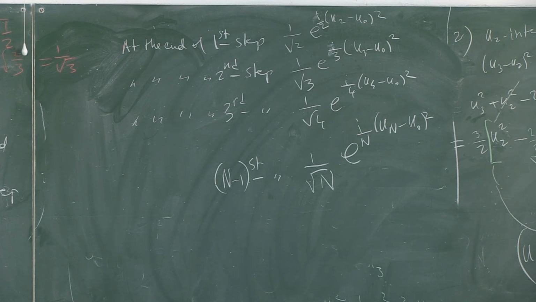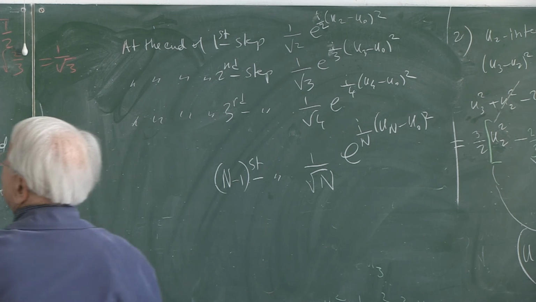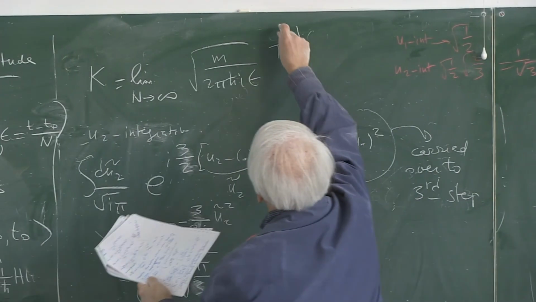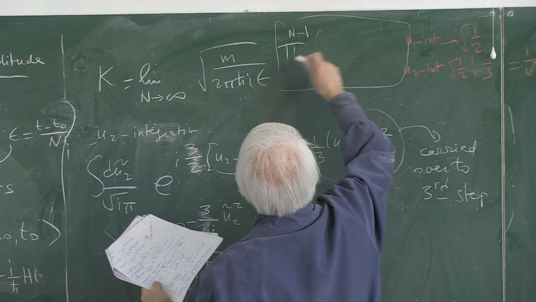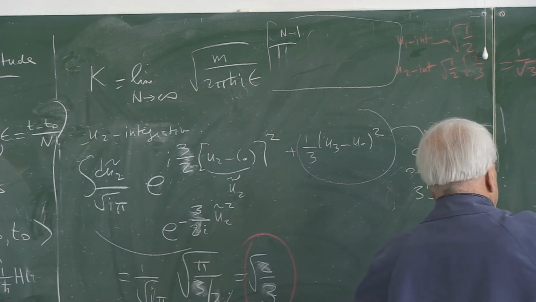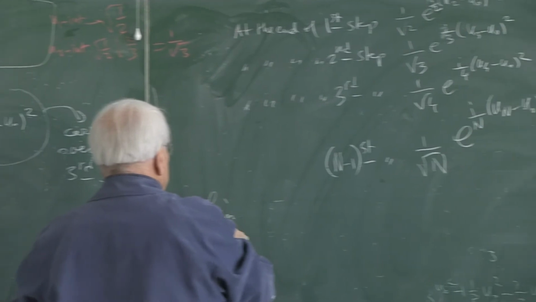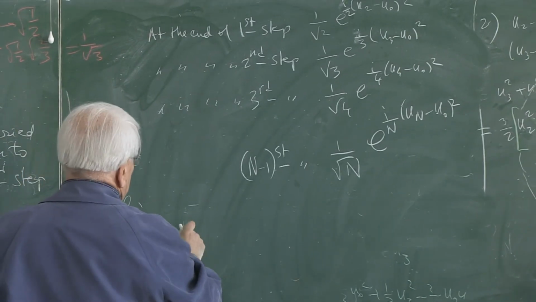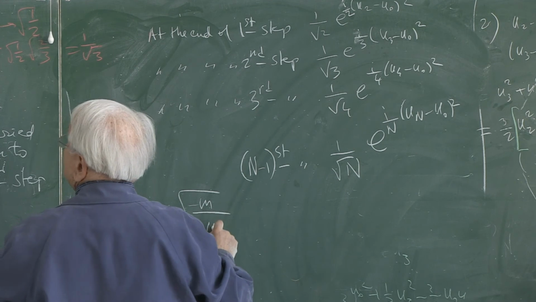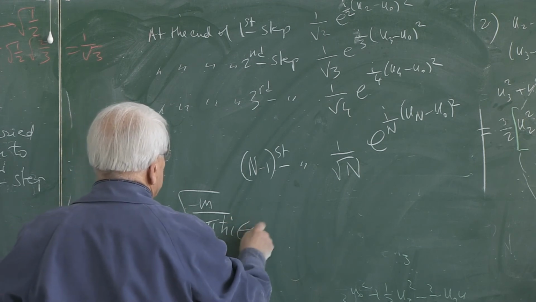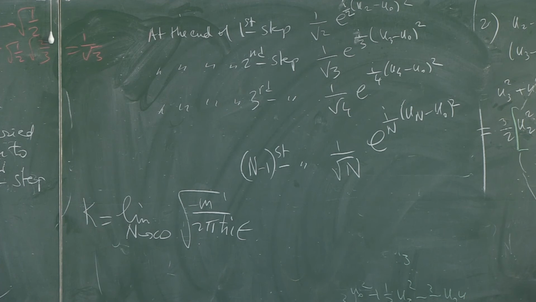Let's put everything together now. To cut the long story short, I had at the front this factor k, and I was doing these integrals. So k is the limit n going to infinity of m over 2 pi h bar i epsilon, this ugly beast which was, you know, asymmetrically carried over.